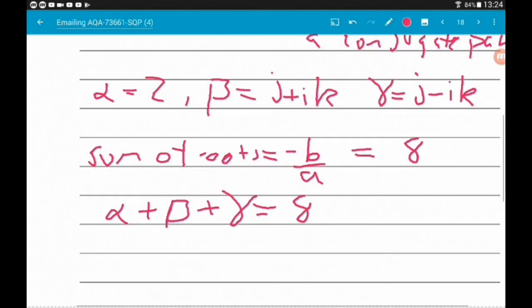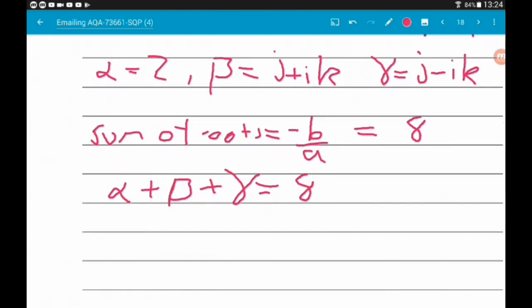More importantly, that tells us 2 add 2j is equal to 8, which leads us to j is equal to 3.